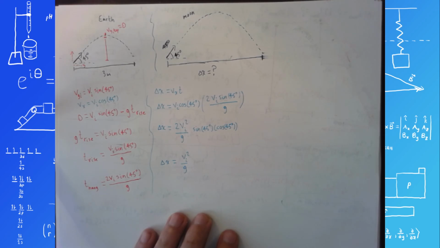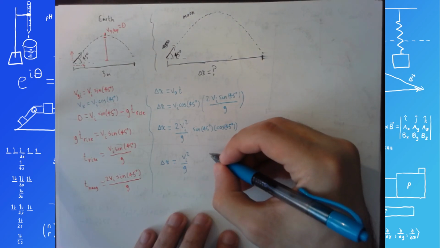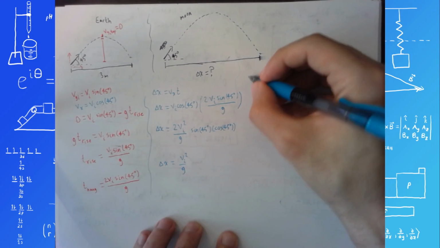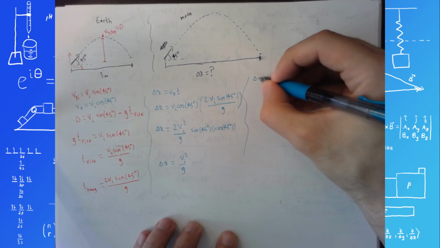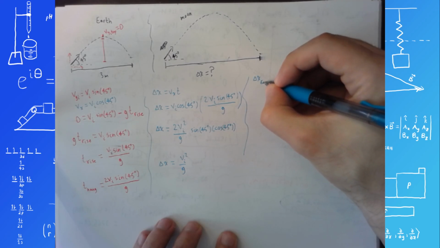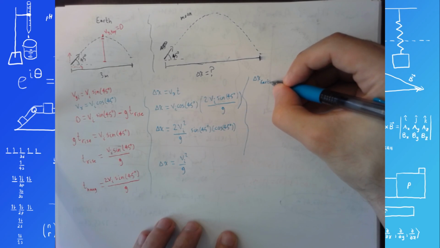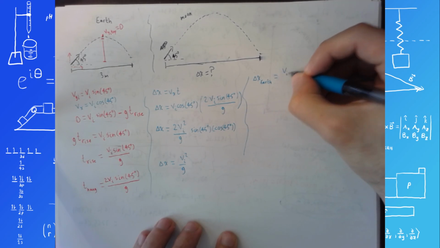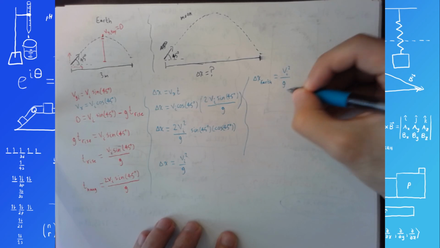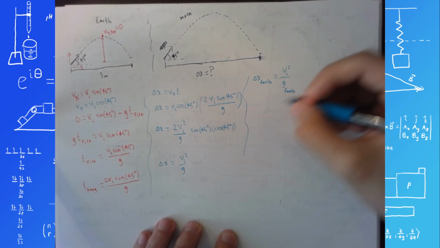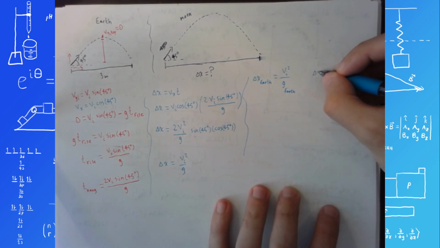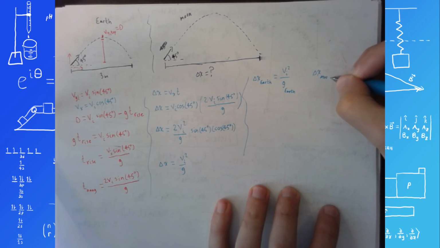And from there we can say delta x Earth equals v initial squared over g Earth. Delta x moon equals that same v initial squared over g moon.